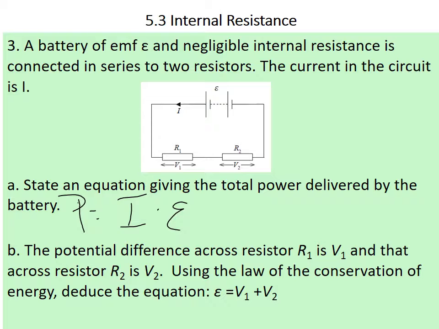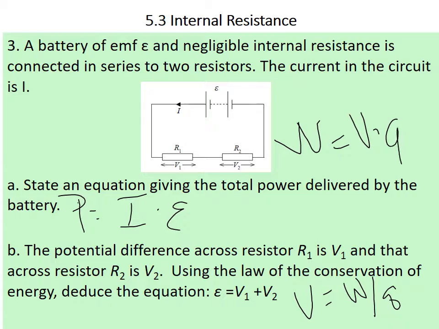The potential difference across resistor R1 is V1, and that across resistor R2 is V2. Using the law of conservation of energy, deduce the equation epsilon equals the sum of the voltages V1 and V2. Well, I know that voltage is equal to work, energy per charge, so work has to be voltage times charge.